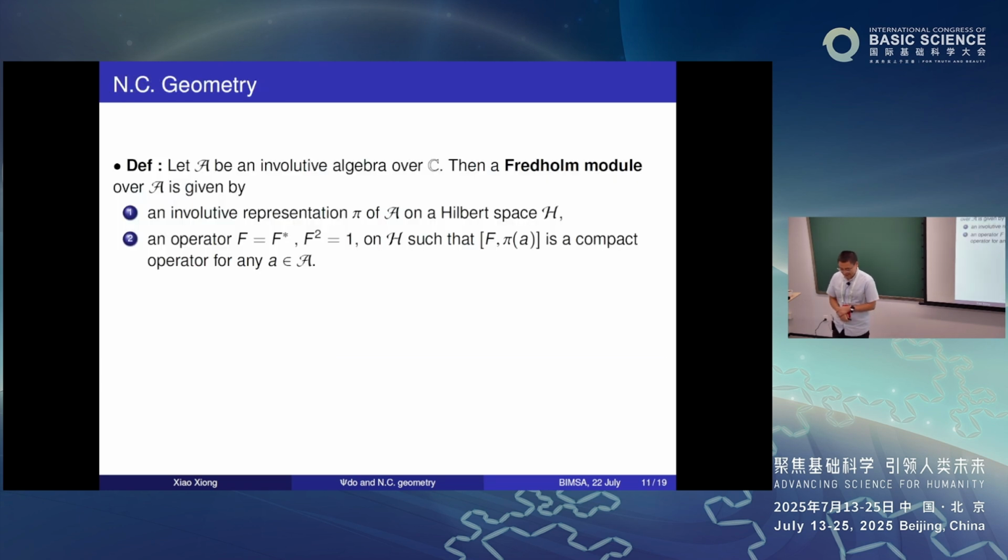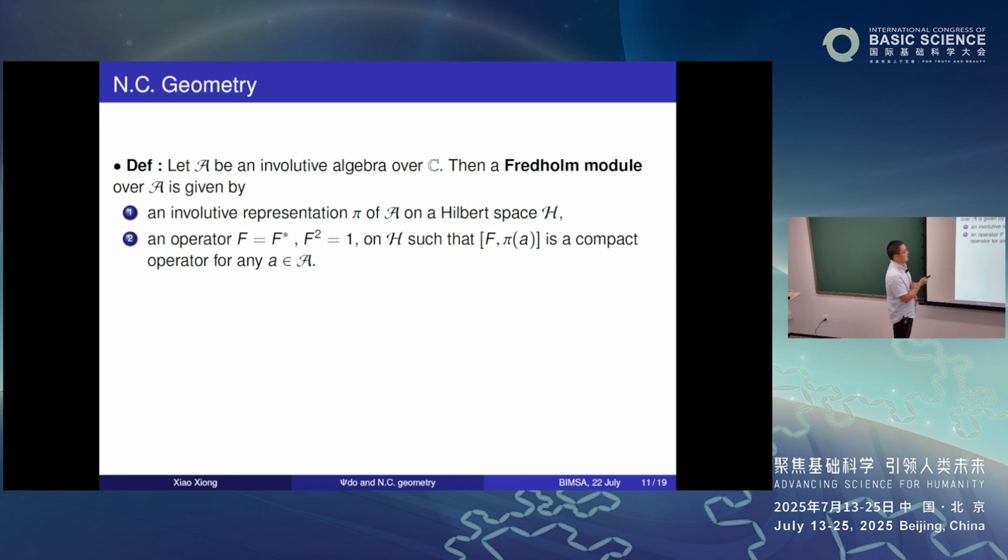So next, let's move to noncommutative geometry. It is given by a Fredholm module, a so-called spectral triple. The triple consists of three elements. First, the algebra, which is represented on a Hilbert space.